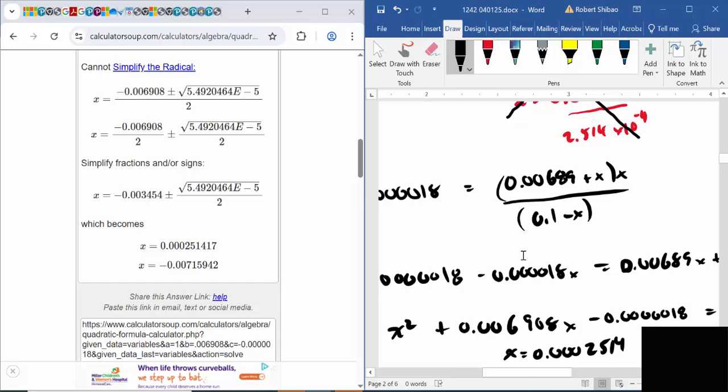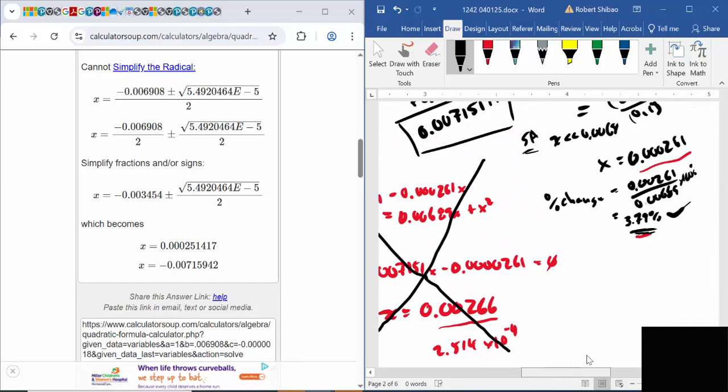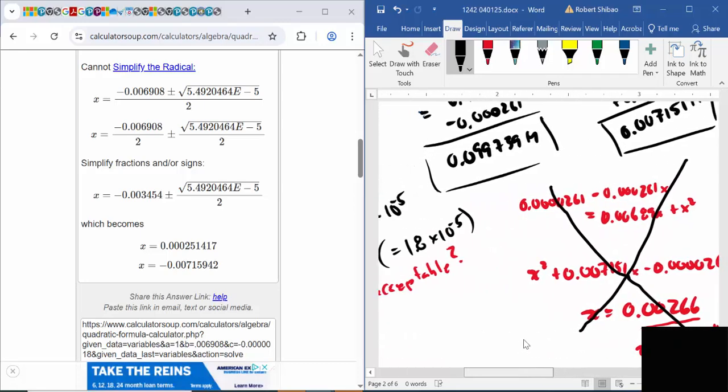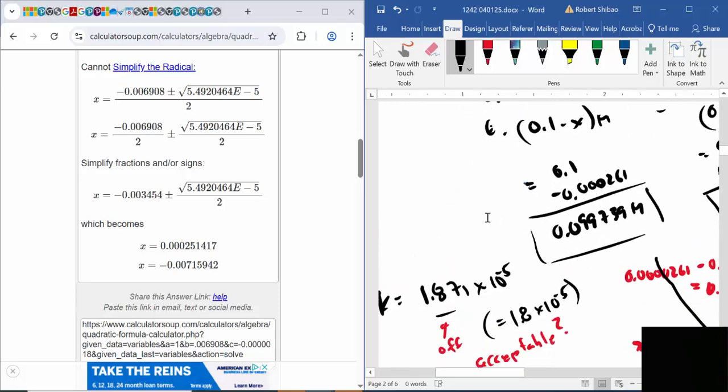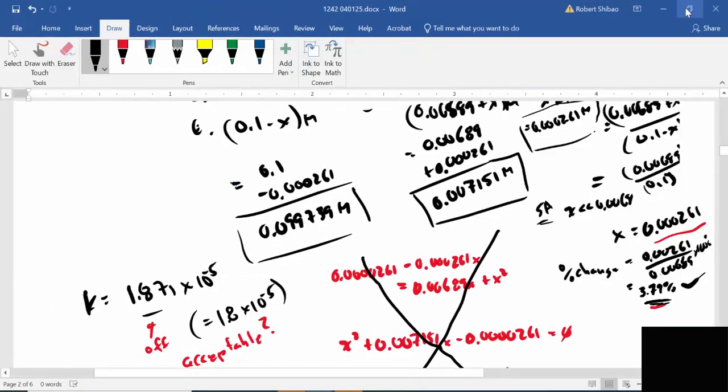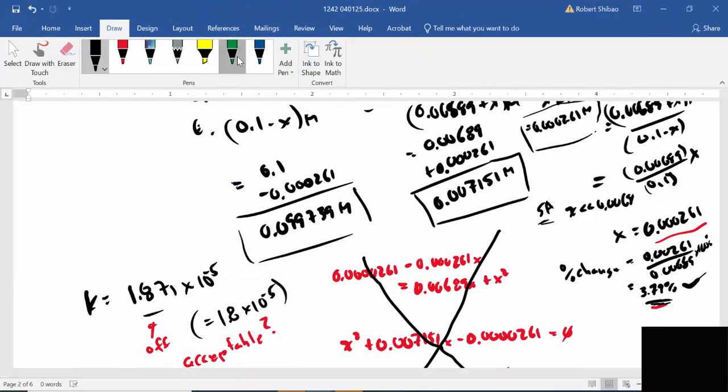Okay, so that came out to 251 versus 261. Not a huge difference, but let's see what difference it makes in the concentrations here. So I'll redo these concentrations here in green. I'm going to have 0.1 minus 0.000251, which comes out to 0.099749.